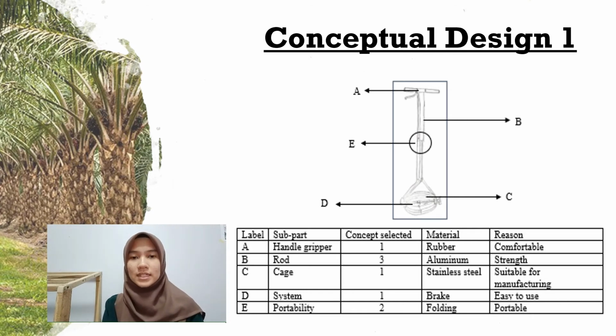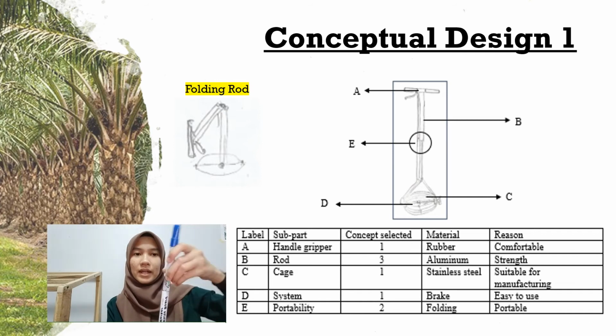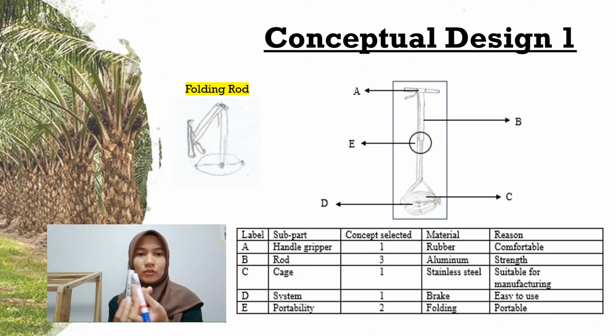The aluminium was selected for the rod material because it provides a lightweight but durable feature. Another concept chosen is that the rod has folding features as depicted in the folding rod figure, which it can be like this and bend like this. It will be folded like this.